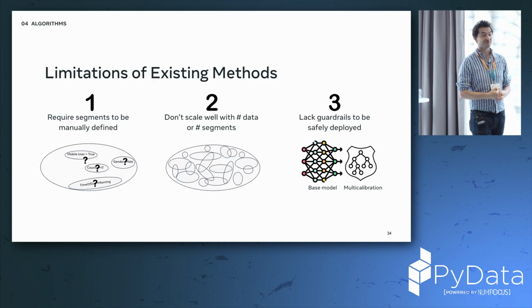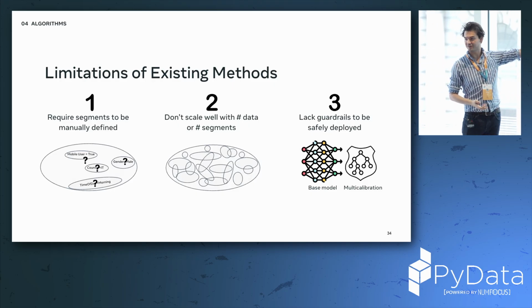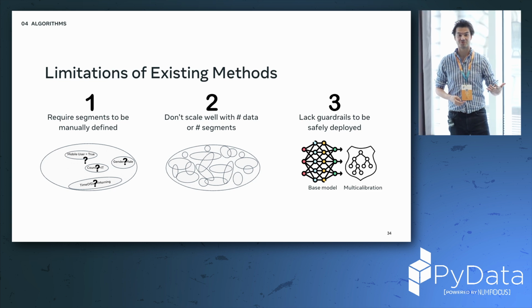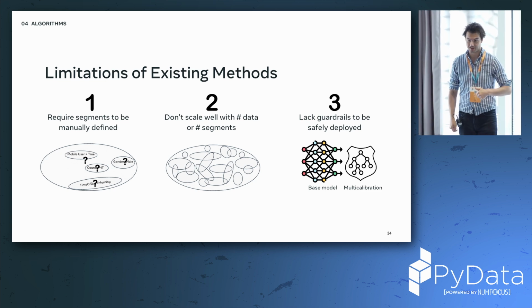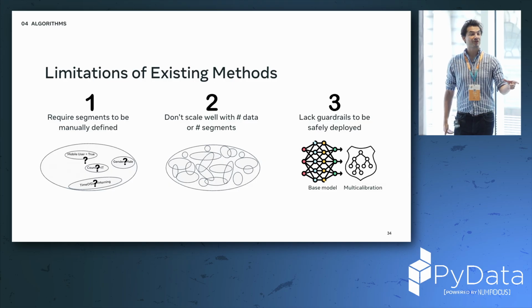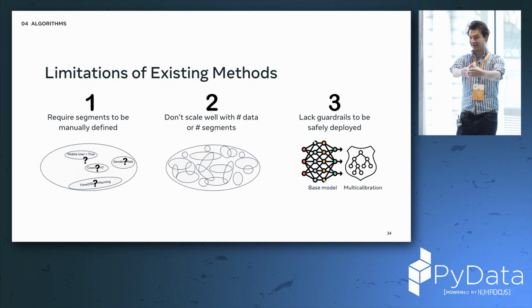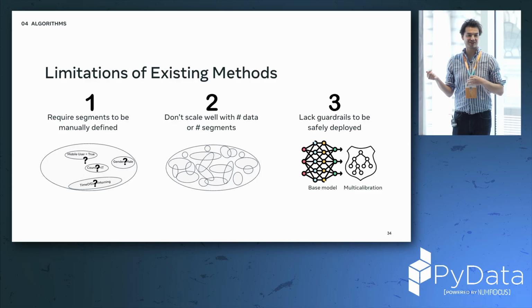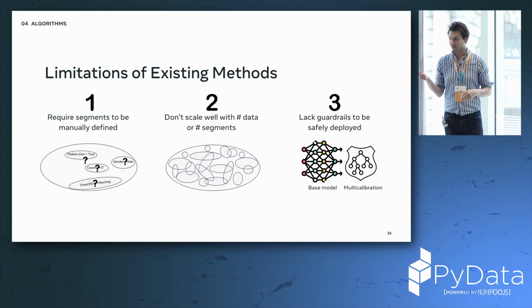All these existing algorithms really needed you to manually specify the group. You needed to say, it's really important for me to be calibrated on Italian teenagers using Android, really specifically on that level, not just the feature, but also the value of it, right? Then you could say, I have a set of these groups, maybe 10, 20 groups, and I want to be calibrated on all of these.